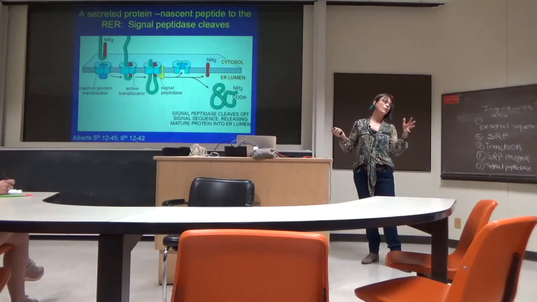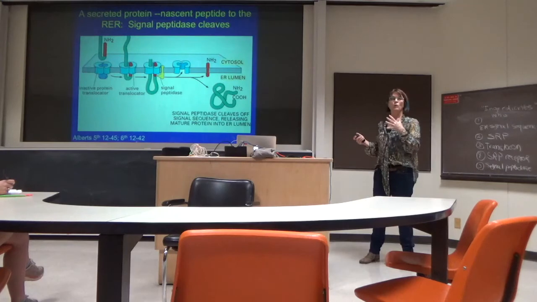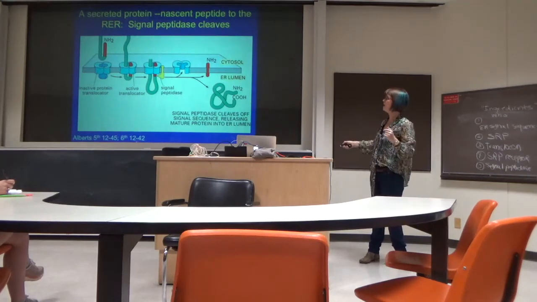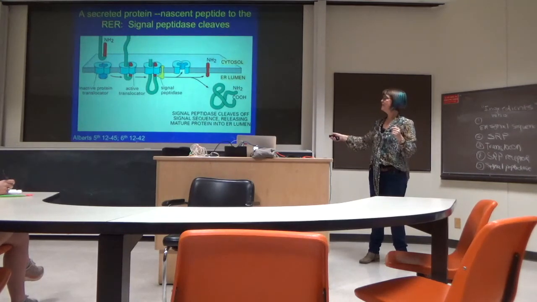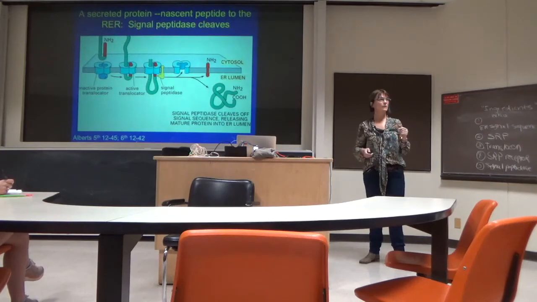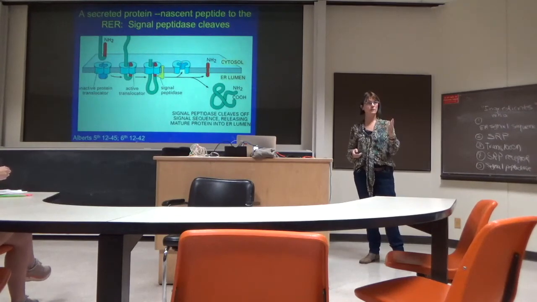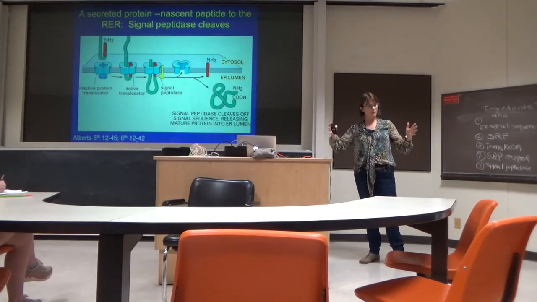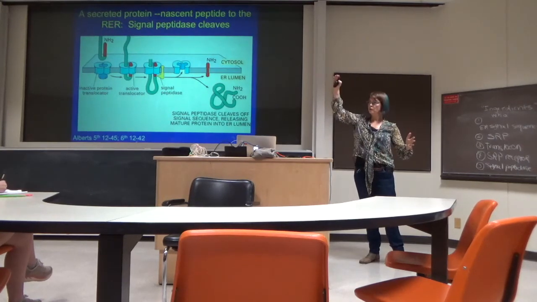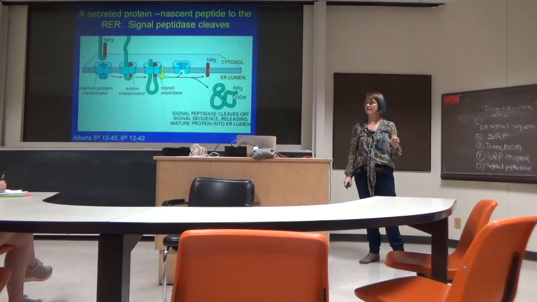So the way that Blobel actually found ER signal sequences was by applying drugs that would pause this whole process and then isolating the proteins and identifying ER signal sequences, as well as comparing the sequences of proteins that were going to be synthesized in the ER, going to end up on the outside of the cell, and realizing they were a little bit longer than the mature proteins found on the outside of the cell. Questions?